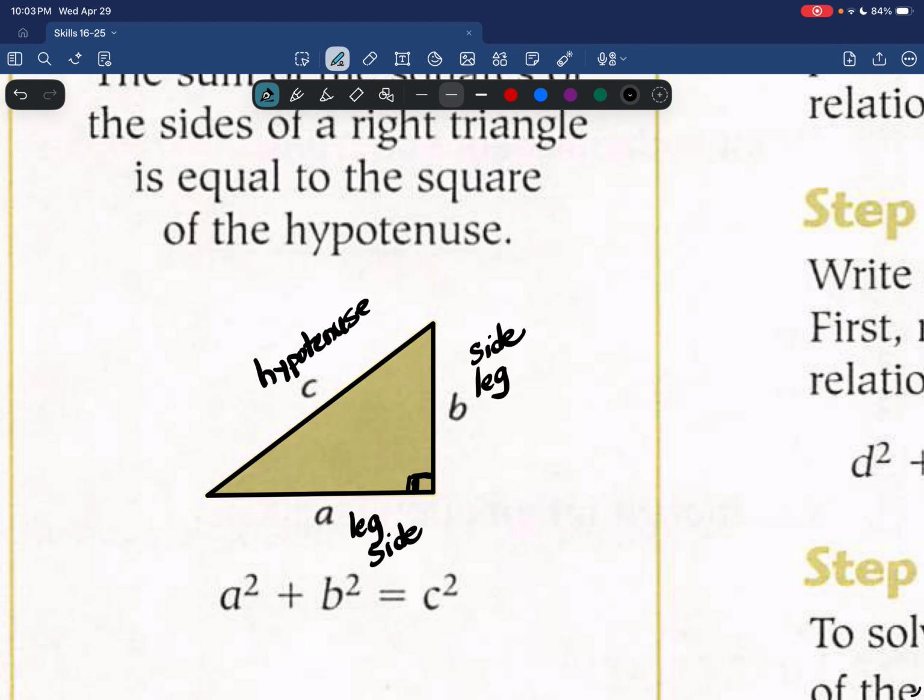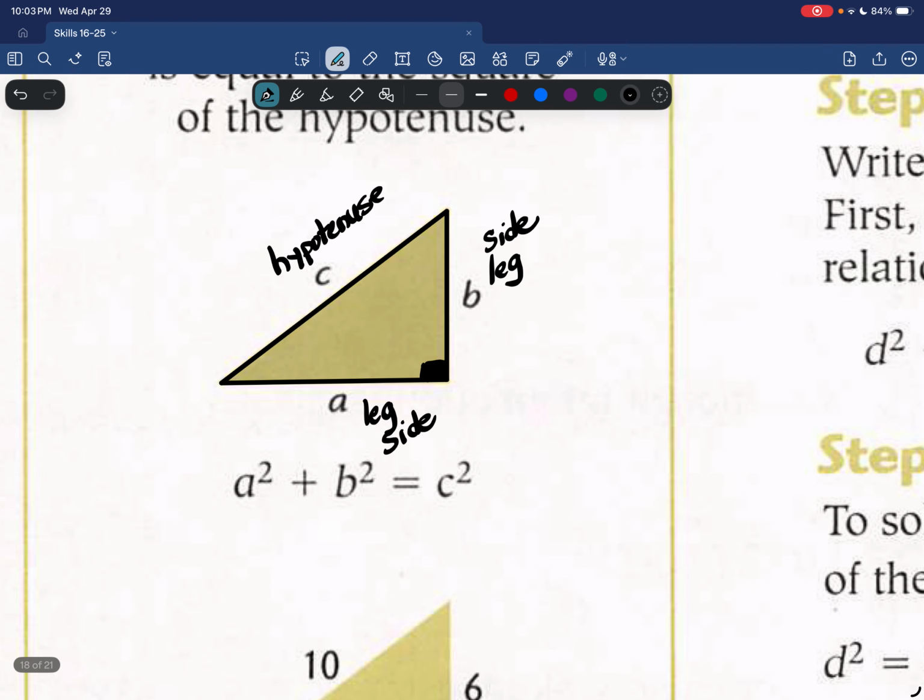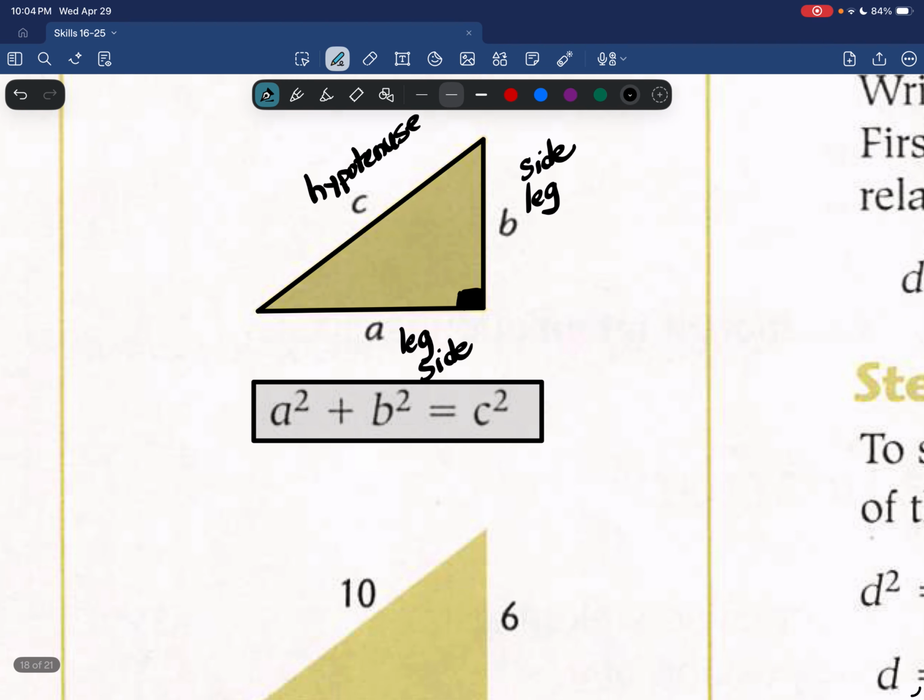The legs are attached to this right angle, and the hypotenuse is the longest side. It's the diagonal side. And the Pythagorean formula, or Pythagorean theorem, or Pythagorean relationship, is this: a squared, and remember a is a leg, so one leg squared plus the other leg squared equals the hypotenuse squared.